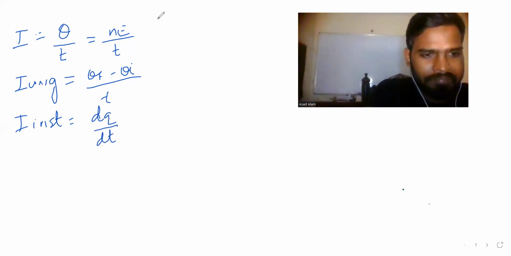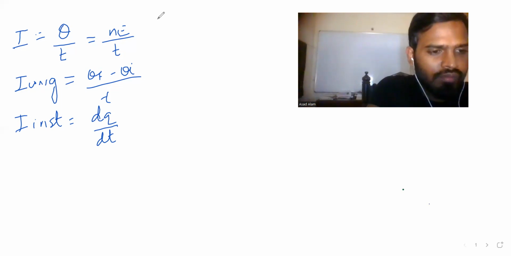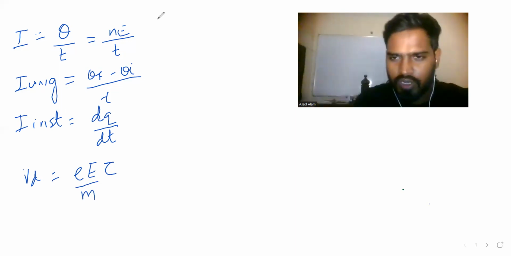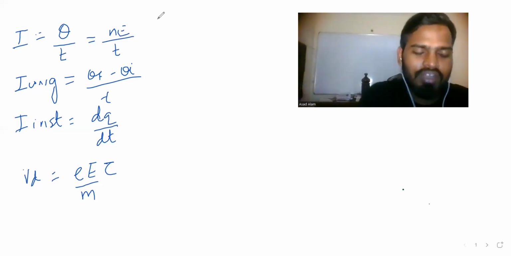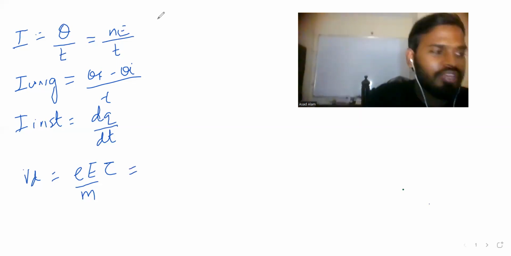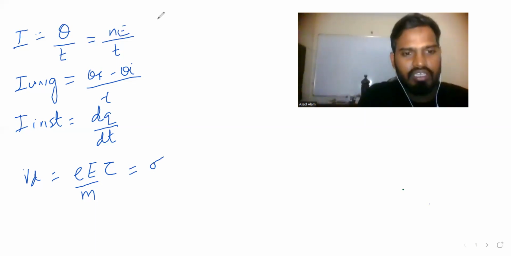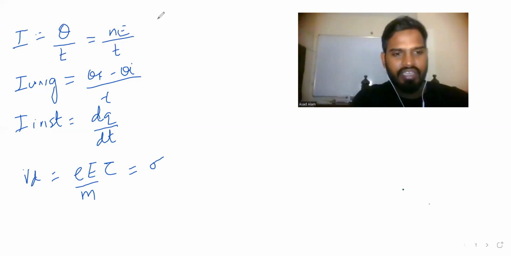Next, we had done the drift velocity. Drift velocity is equal to E tau by M. Tau is what here? Relaxation time. E is what here? Charge. Capital E is what? Electric field. Vd is what? Drift velocity. Even we had done sigma E by En, no?